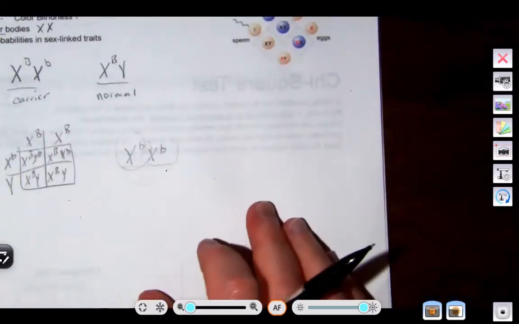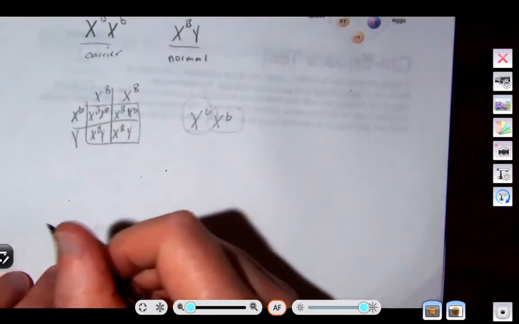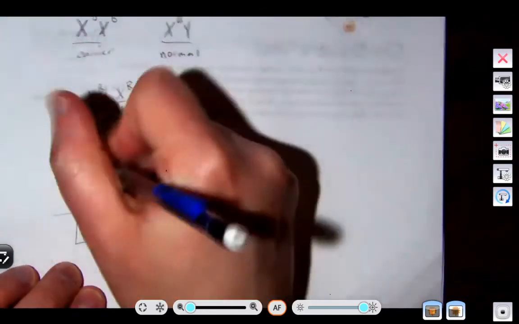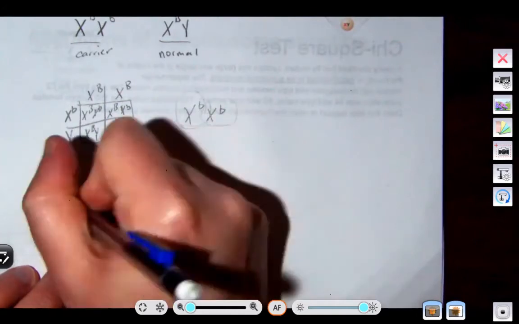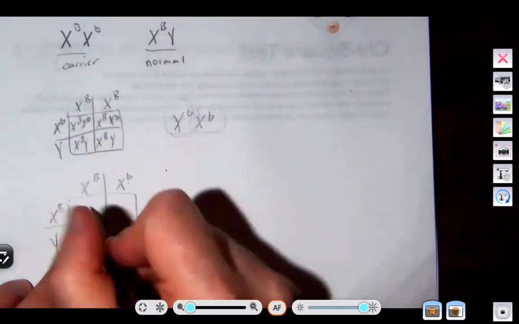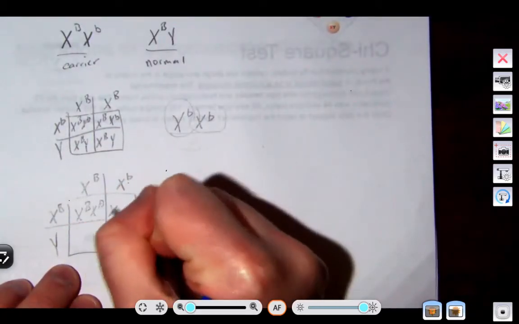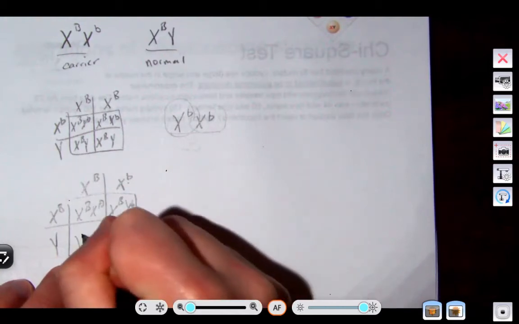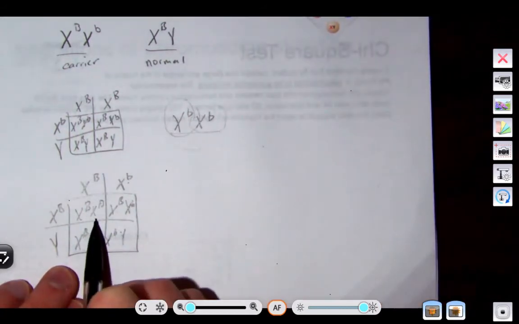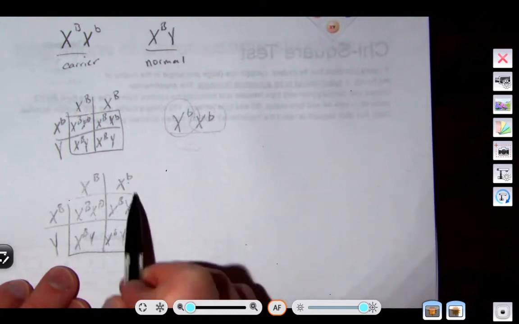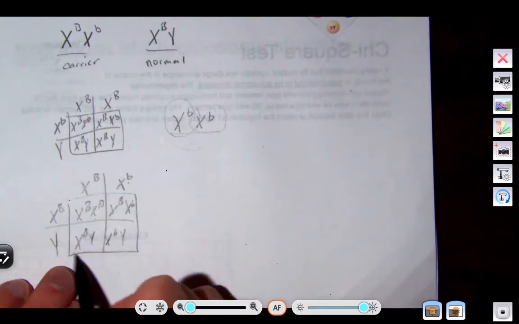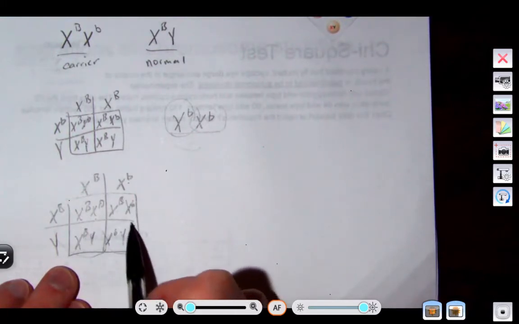For the probabilities in sex-linked traits, you just have to keep in mind it depends on what they're asking. But for the most part, if you have a carrier female and a normal male, you end up with this cross, where you end up with 25% normal female, 25% normal female but carrier, and sometimes you just mention, hey, they're a carrier, 25% normal male and 25% colorblind male.